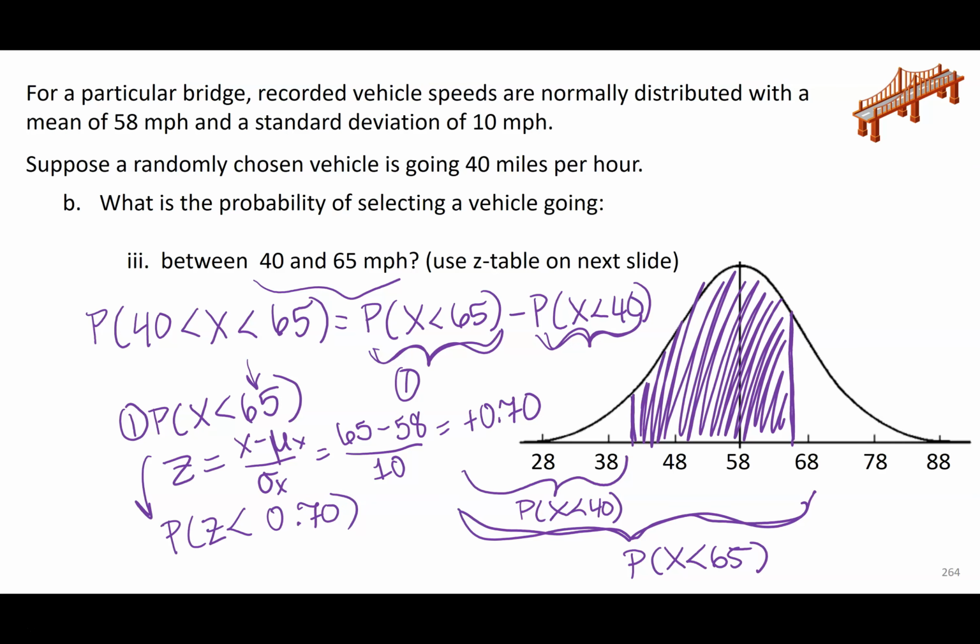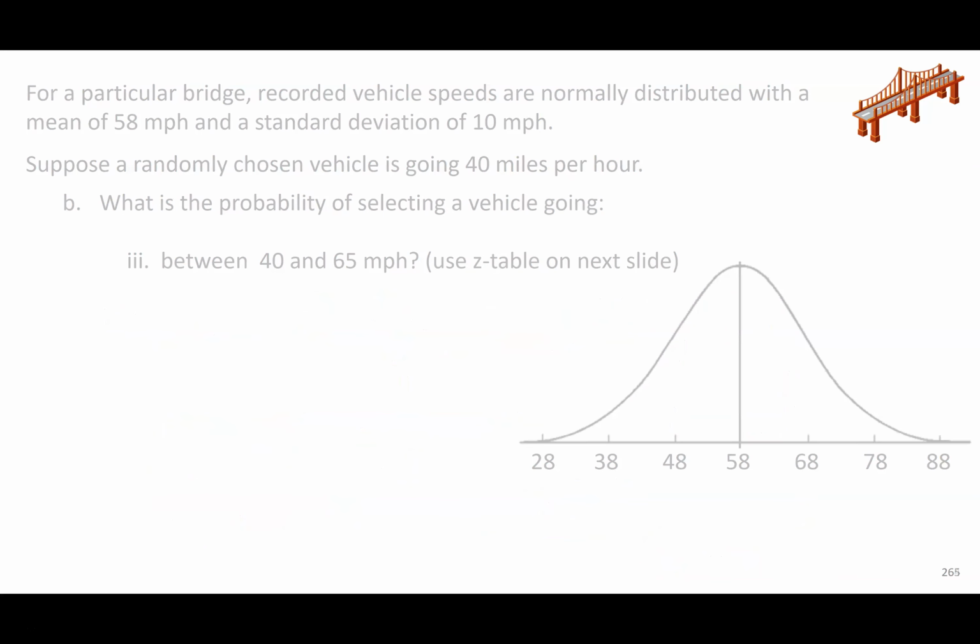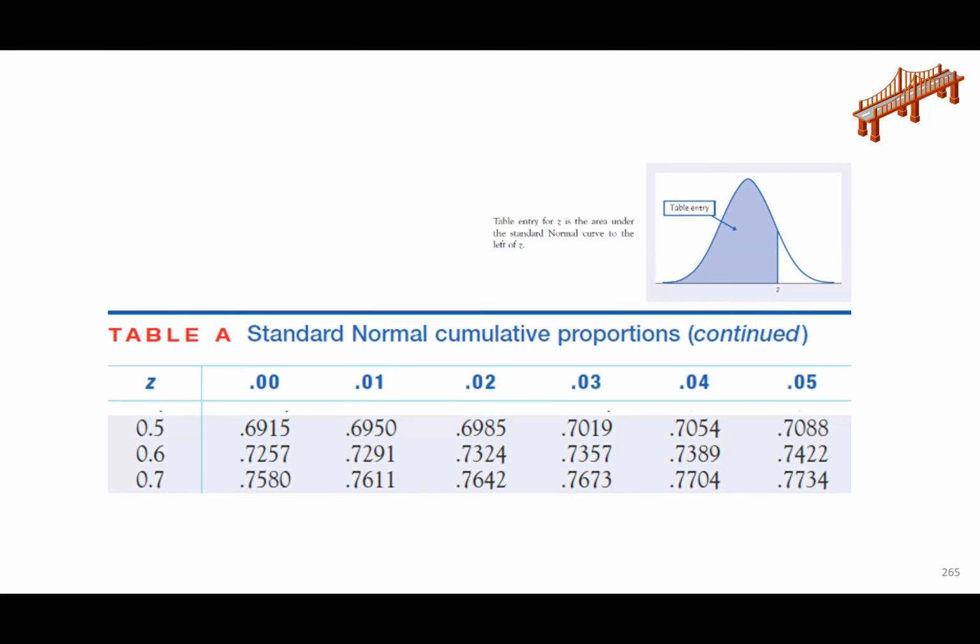So I'll use a z-table for that. This is still that sort of side quest: the probability that x is less than 65 is the same as the probability that z is less than positive 0.70.